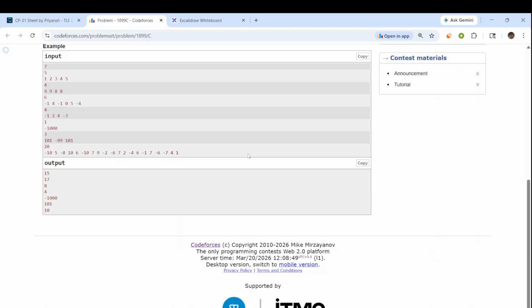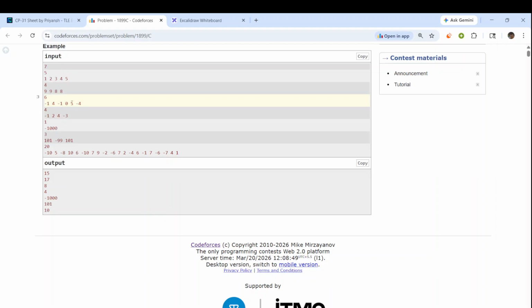Let's check and try to think about it. What should I do? If there are negative integers, they will always reduce my value. So I don't want to take negative integers. I always want to take positive integers. But the thing is, I think for the same parity, not this one, 1, 2, 3, 1, 2, 3.